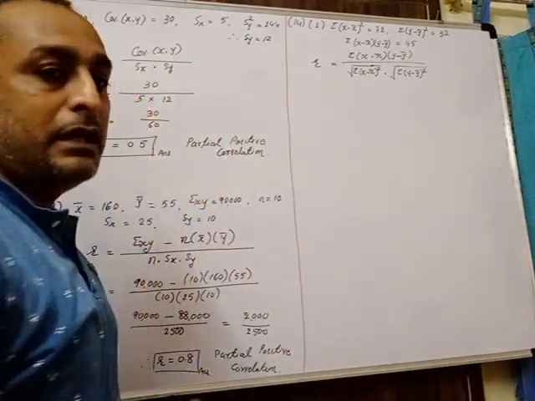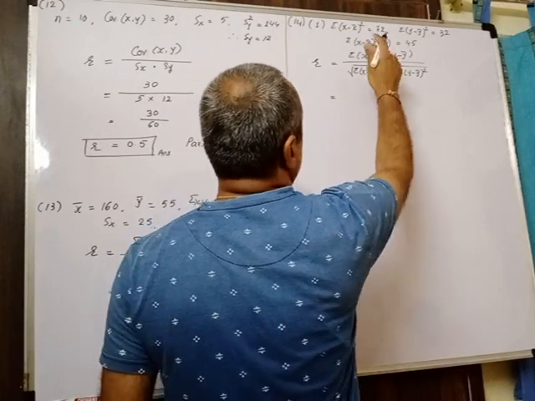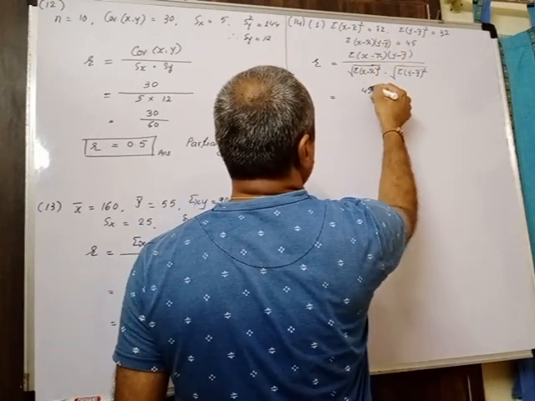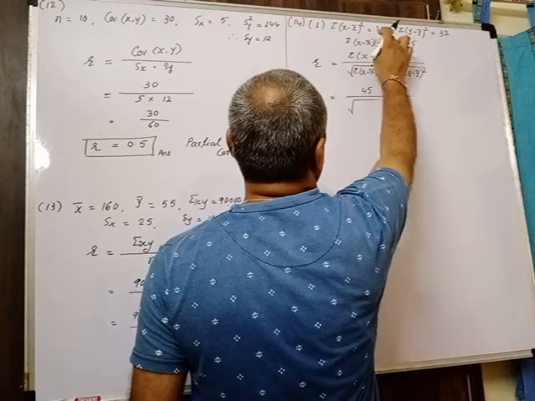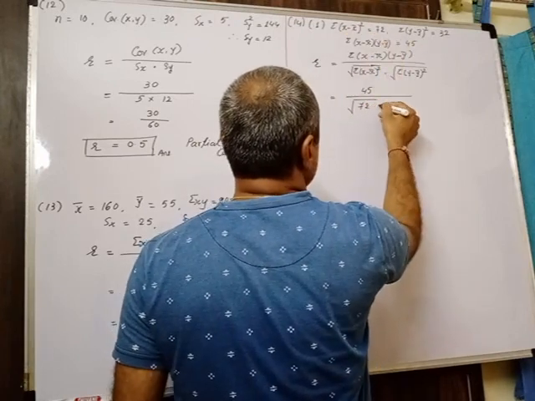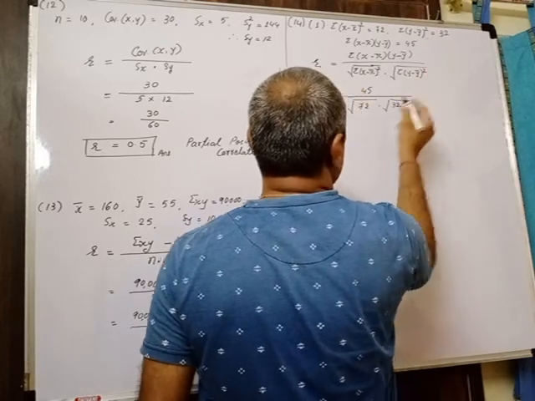This is the formula applicable over here. Now replace the values. So sum of x minus x bar into y minus y bar is 45 upon the first root, sum of x minus x bar the whole square is 72, into another root, sum of y minus y bar the whole square is 32.